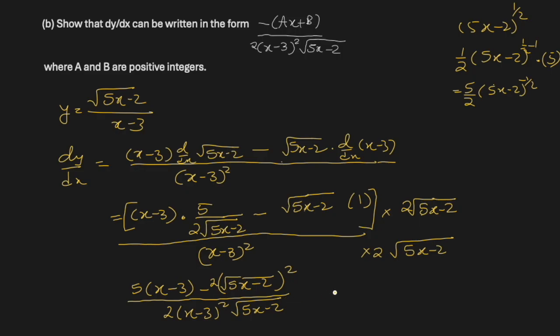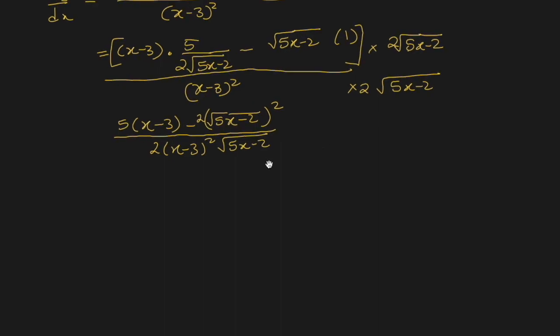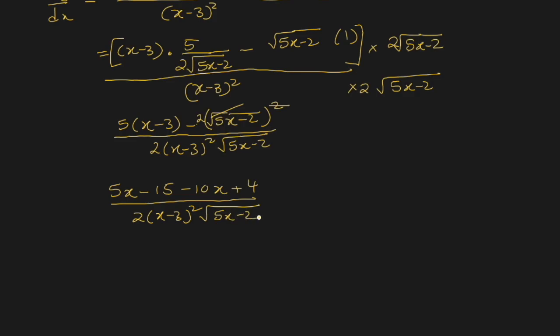We are very close. 5 times (x minus 3) becomes 5x minus 15. The square and square root cancel, so 2 multiplies straight away with 5x minus 2, giving minus 10x plus 4, over 2(x minus 3) square root 5x minus 2.